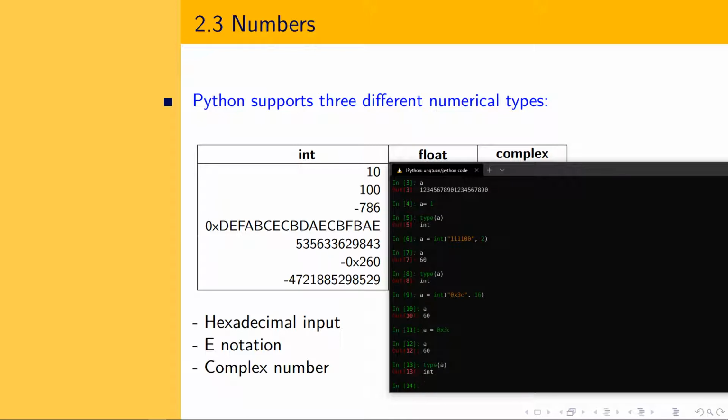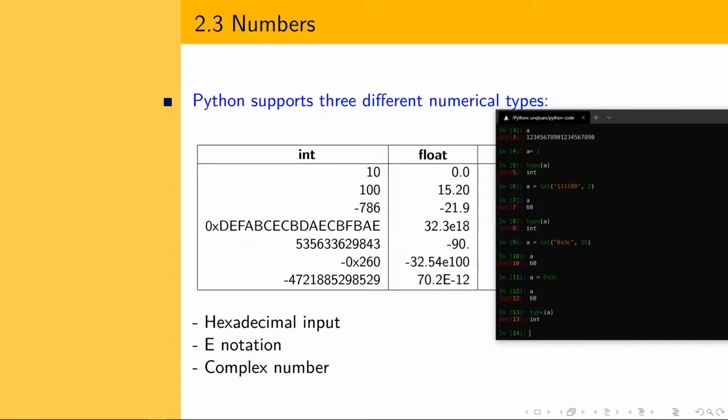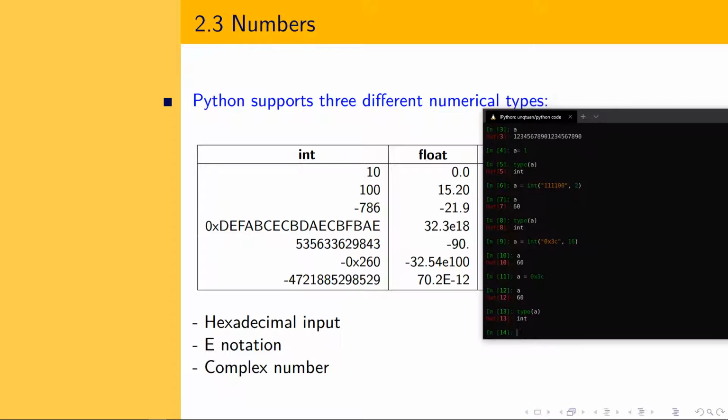For float, Python supports the E notation. The E notation is a notation for very large or very small numbers, like m e n. Then this number will equal m times 10 to the power of n.